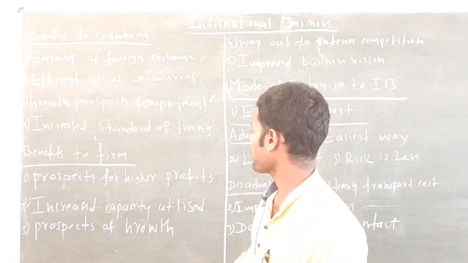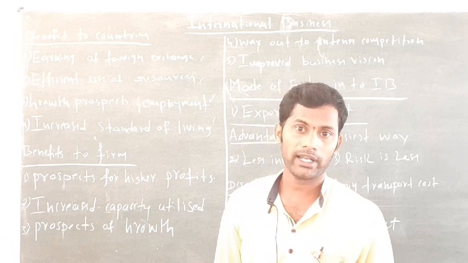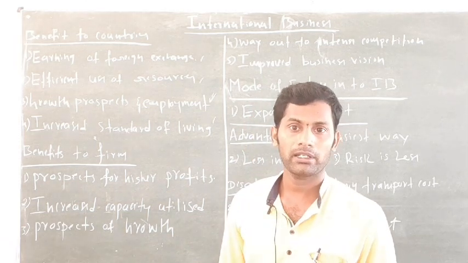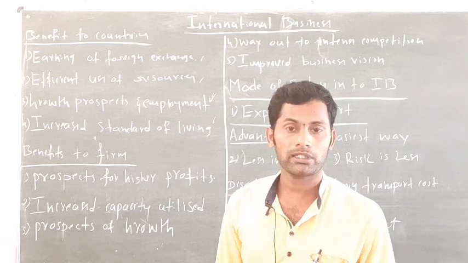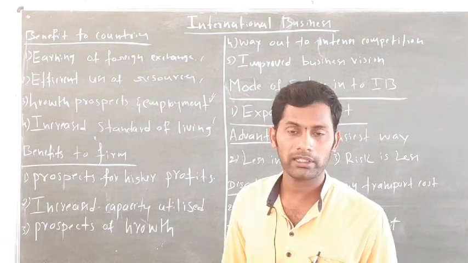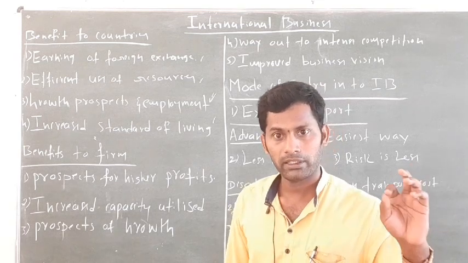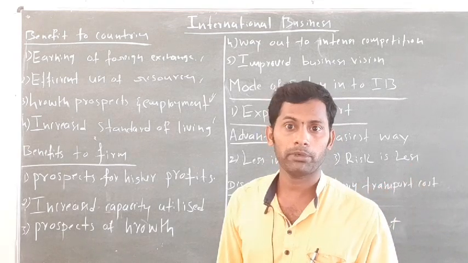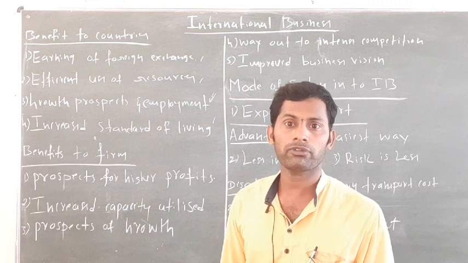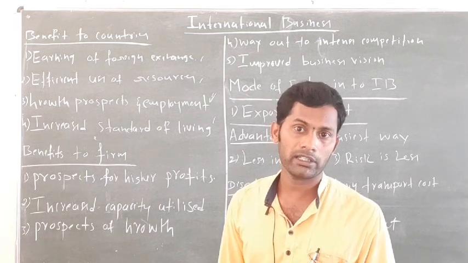First one, prospect of higher profit. For example, one company has business activity only in the home country. Sometimes the products are selling at a cheaper rate. If the entrepreneur observes that he may get more profit, he will sell in the international business.